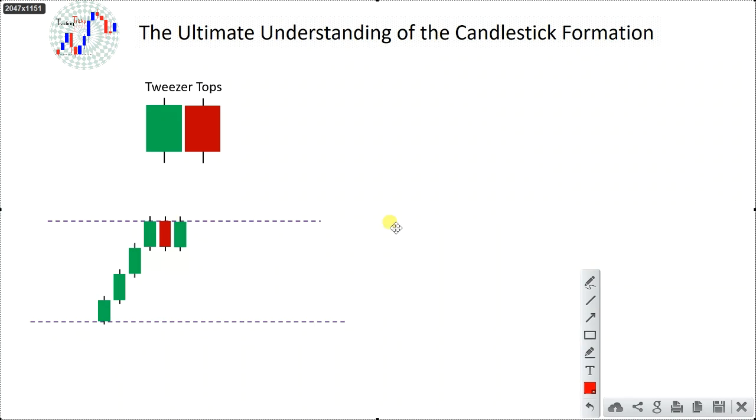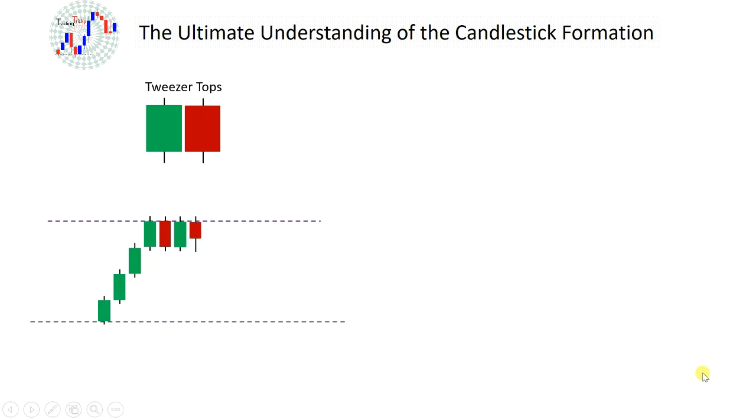As the candle forms exactly at the level, then after this candle we can expect a sellers' entry here, maybe like this, or it could be strong sellers. So let's see what happened on the next candle.